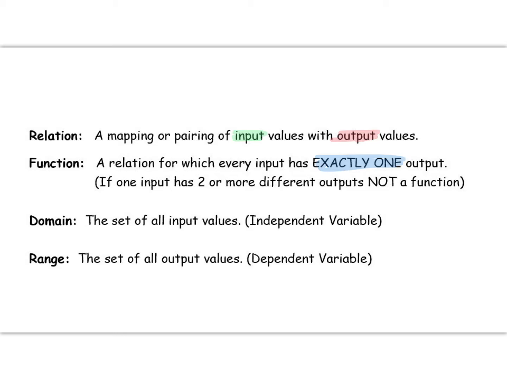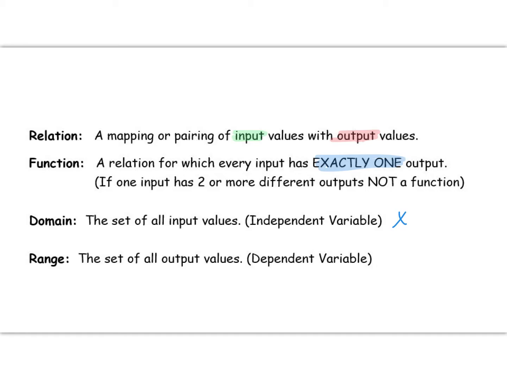Now, here we go. This is the big thing. The domain is the set of input variables, also known as the independent variable. It's typically our x value, because that's usually the variable that we're putting into an equation or function. Now the range is the set of all output values.